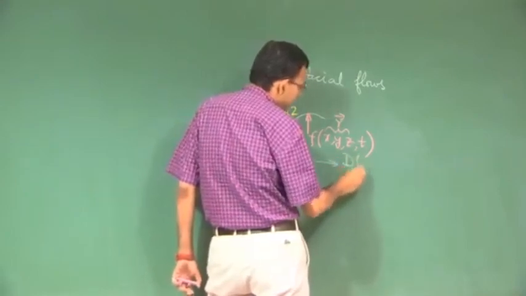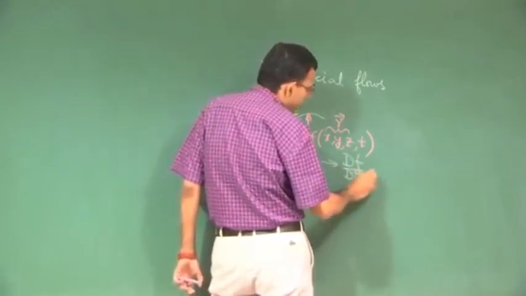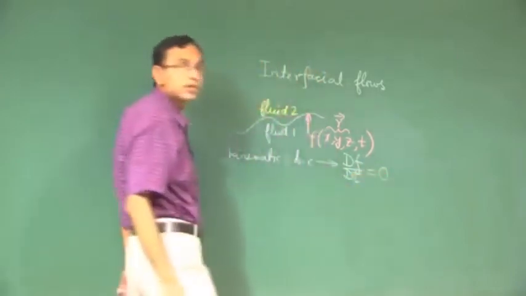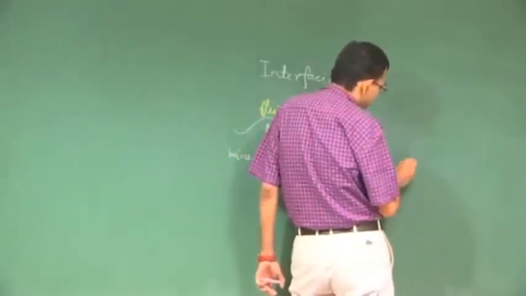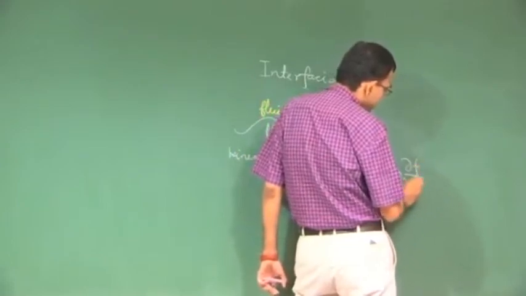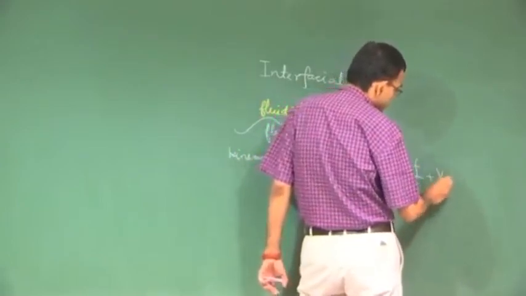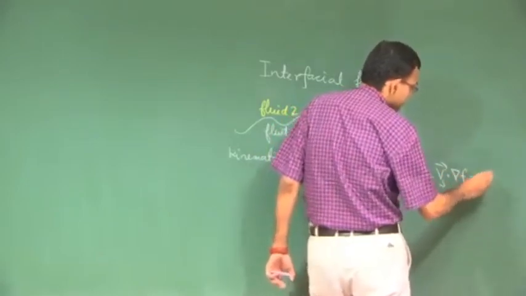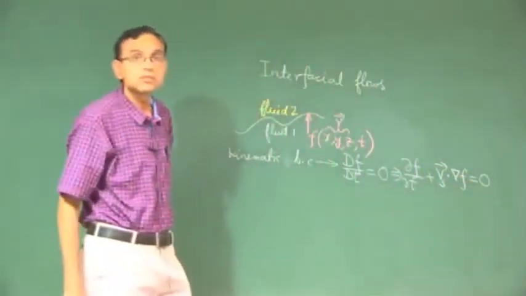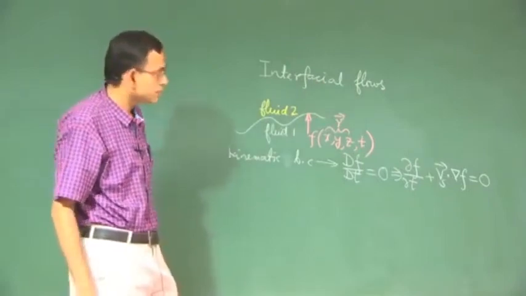So this essentially boils down to the total derivative of f being equal to 0. So the total derivative of f will essentially mean this one.